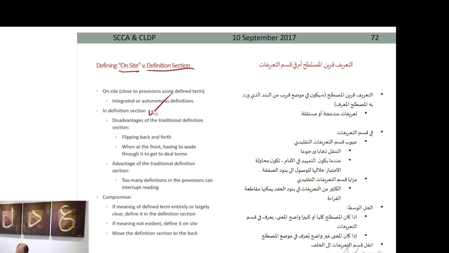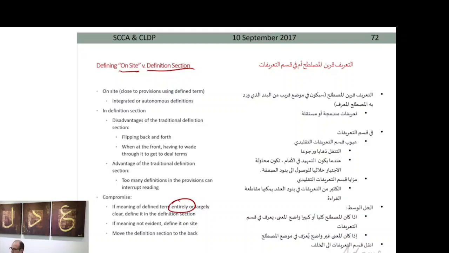Now, the advantage of a definition section is that if you were to define everything on site, the provisions could get a little cluttered. So here is my compromise. If the meaning of a defined term is entirely or largely clear, put it in the definition section.